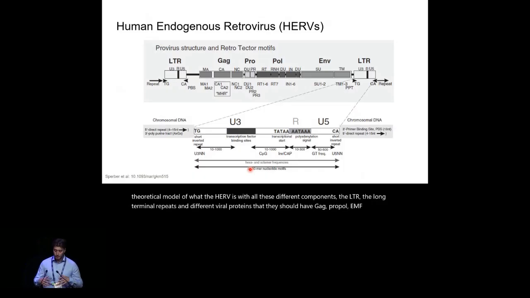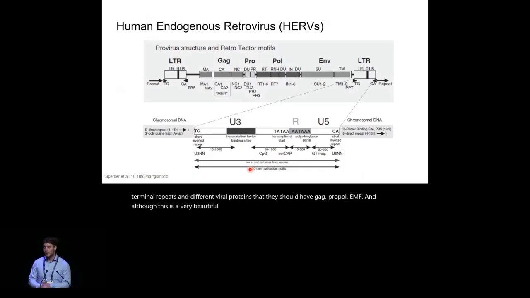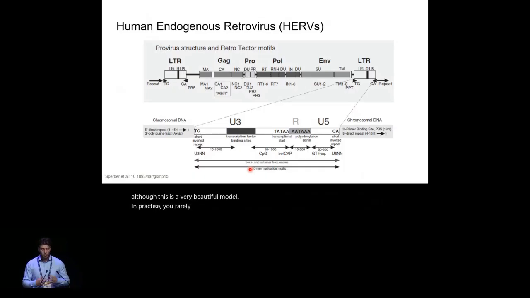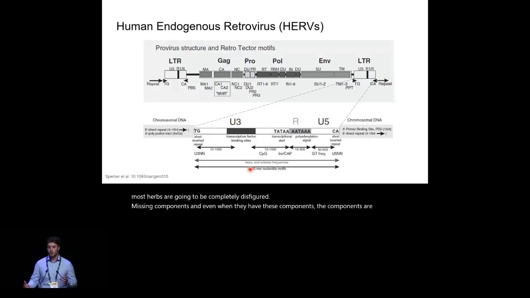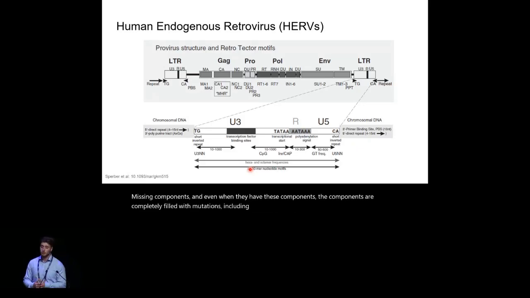And although this is a very beautiful model, in practice, you rarely see these. When you look at actual DNA sequences, most HERVs are going to be completely disfigured. Many of those will have missing components, and even when they have these components, the components are completely filled with mutations, including frameshift mutations and stop codon mutations, aside from also having different variants, including SNPs, indels, and structural variants.